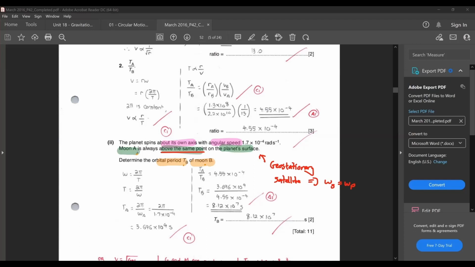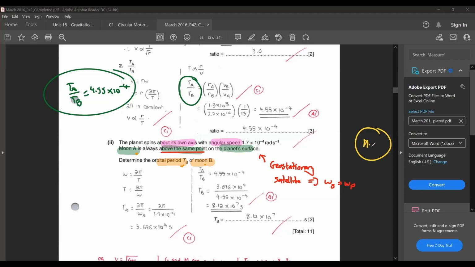You can actually find out period for moon A first, and then subsequently find out the period for moon B, because in the previous part of your question, you already found the ratio of TA to TB, and you say that TA to TB is 4.55 times 10 power minus 4. Okay, so you can find TA, you can find TB, because you already know the ratio here. All right, so that's what you want to do right now.